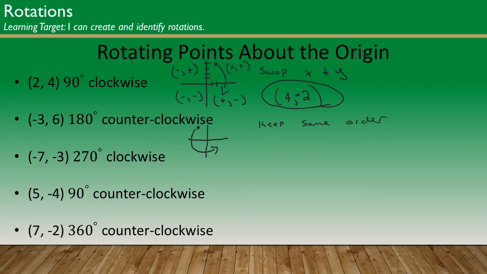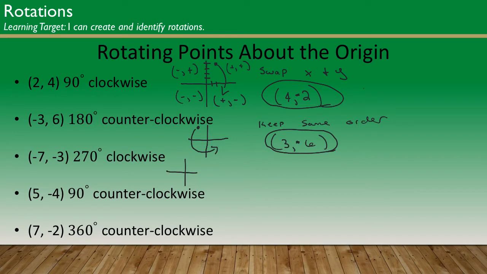So my numbers are going to be 3 and 6, and I know that the first one should be positive, the second one should be negative because I am in quadrant 4 here.